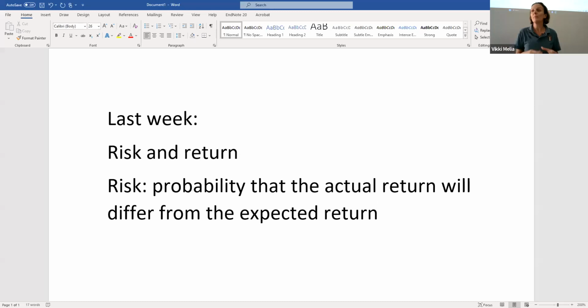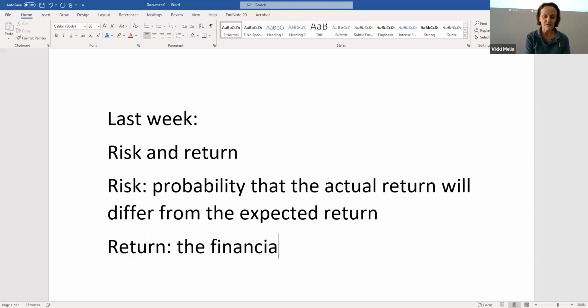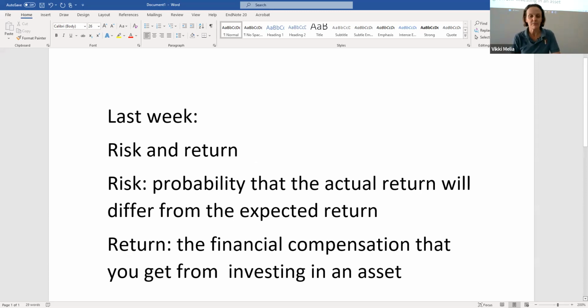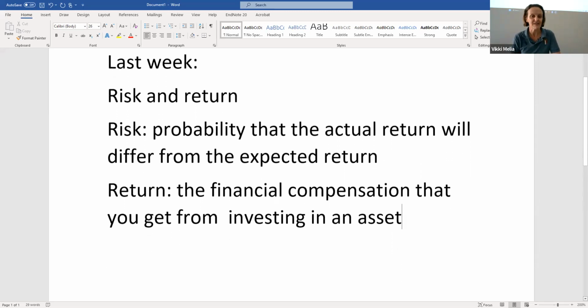The greater the probability, the higher the risk of the investment. And return refers to the financial compensation that you get from choosing to invest in that asset.